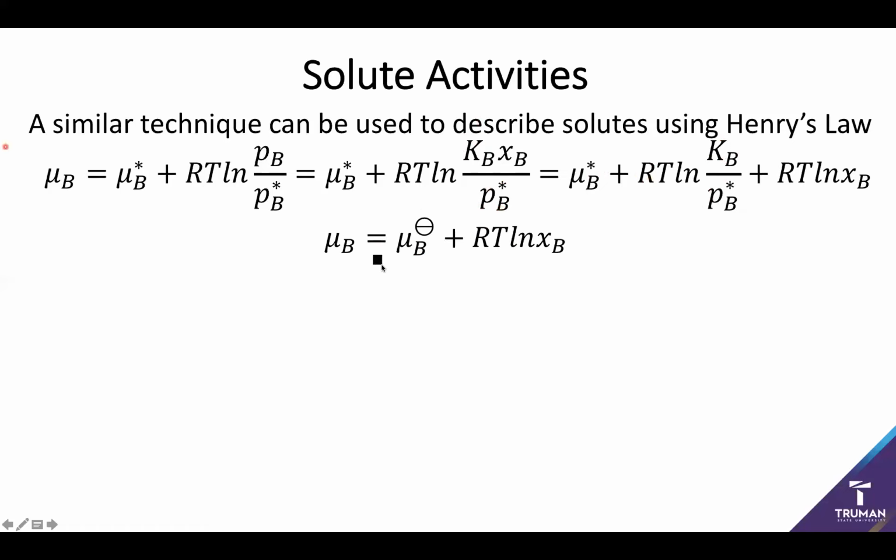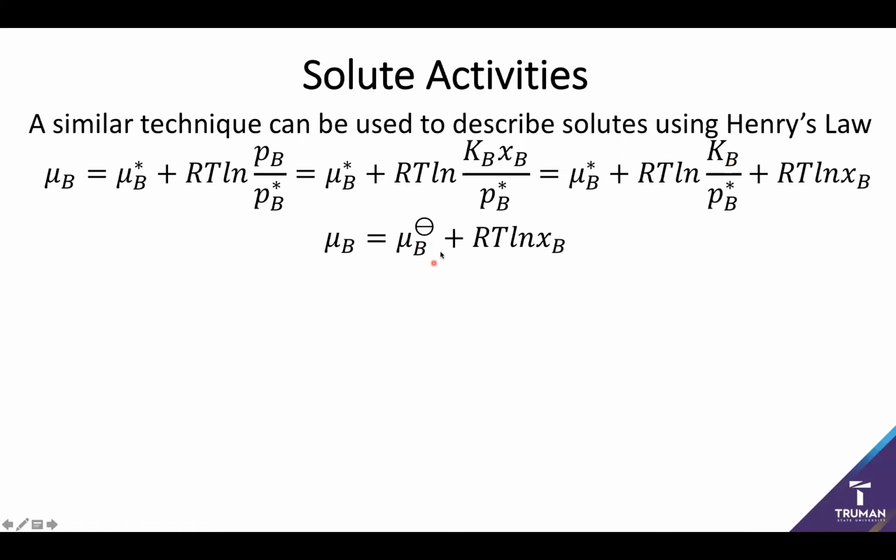Now, when we do this, all of these numbers are going to be perfectly described by our solute. So we can essentially collapse them into a new constant. So we're going to call this value the chemical potential of the solute. So again, this chemical potential is going to reference what the chemical potential of the solute was if it followed Henry's law all the way to a mole fraction of 1.